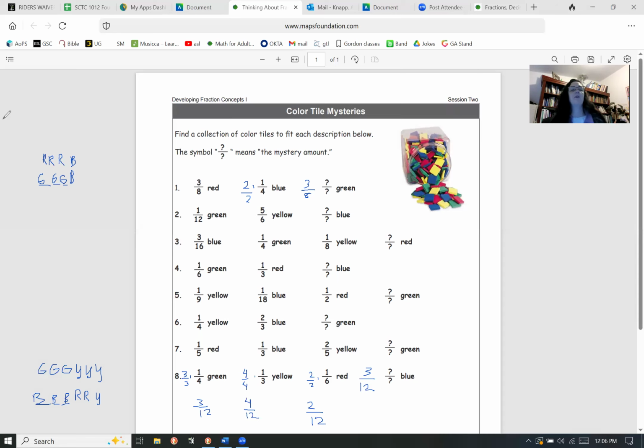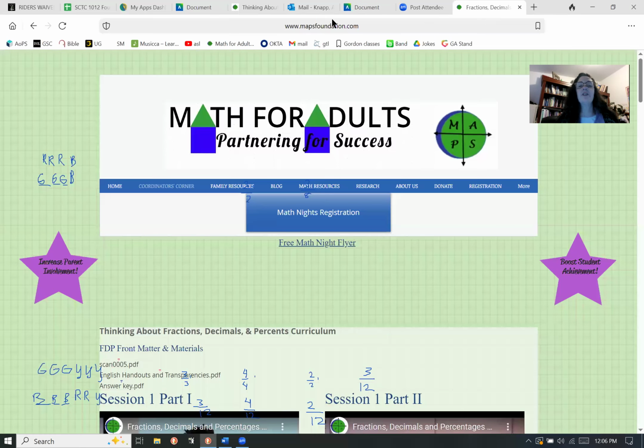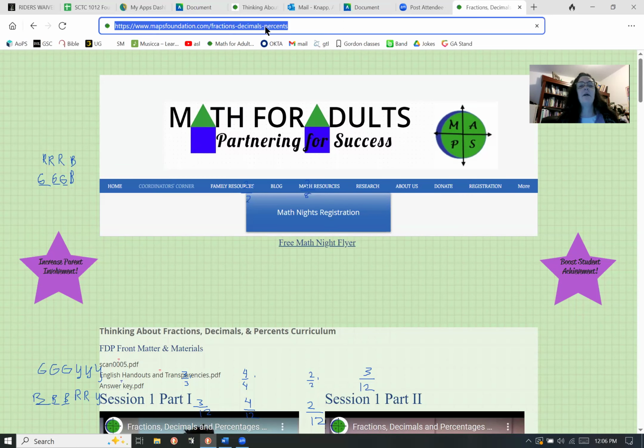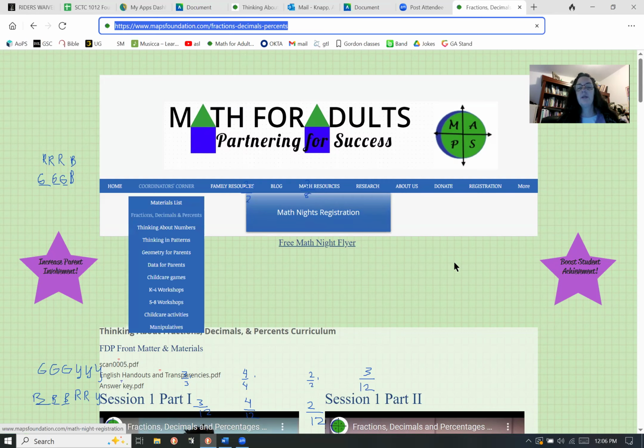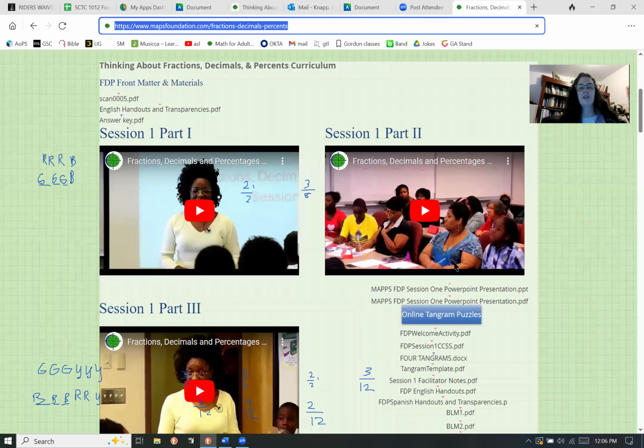Okay, now I'll show you where you can see some additional videos and the answer key with using color tiles. So if you go into mapsfoundation.com, and choose the fractions, decimals, percents underneath coordinator's corner, we'll scroll down to session 2.